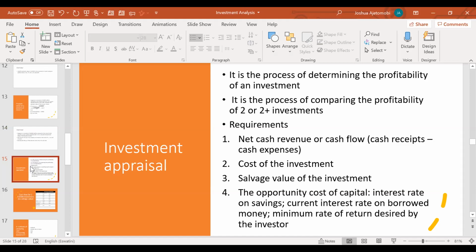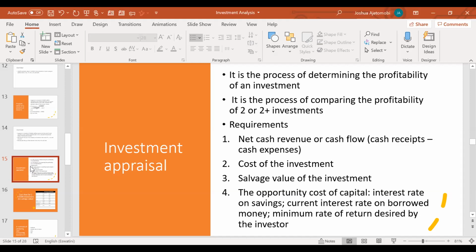It is not all the time you are running regressions here and there. You can actually look at the profitability of an investment using investment appraisals also, even in projects. It's very useful, particularly when you are comparing the profitability of 2 or more investments.